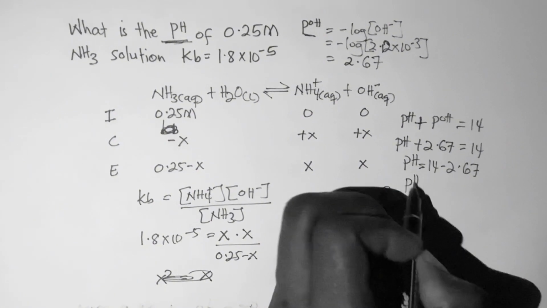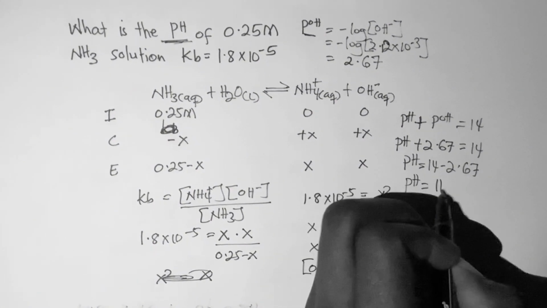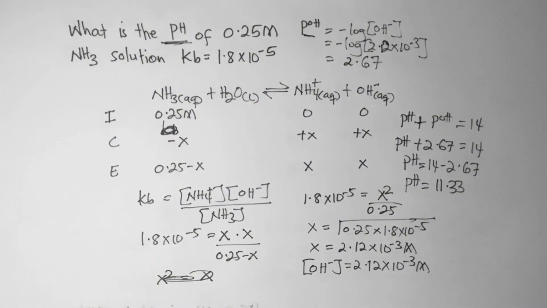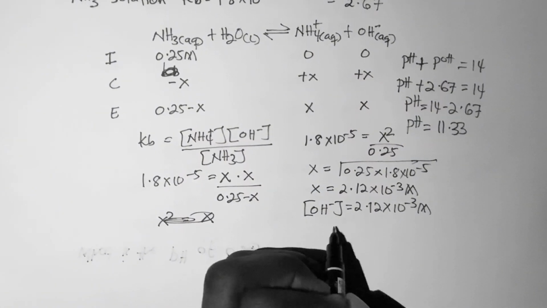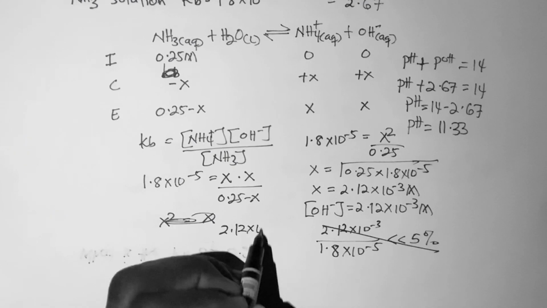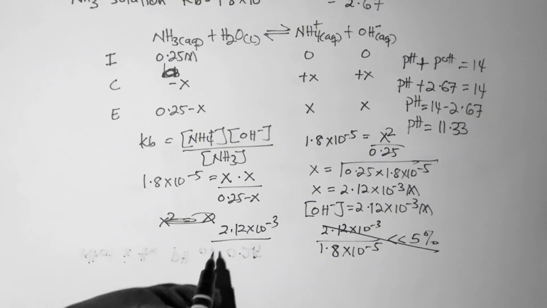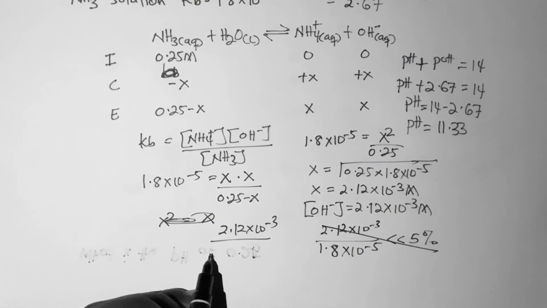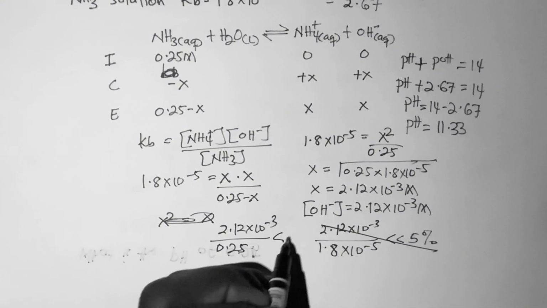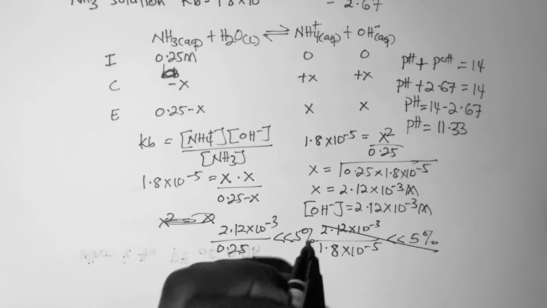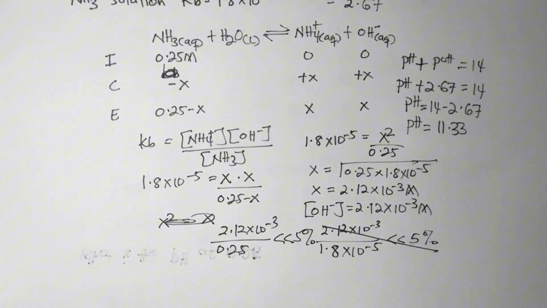So the pH is equal to 11.33. So using the 5% rule, it's just going to be the 2.12 times 10 exponent minus 3 divided by the concentration of the ammonia, which is 0.25. And this is far less than 5%. So our approximation is true.